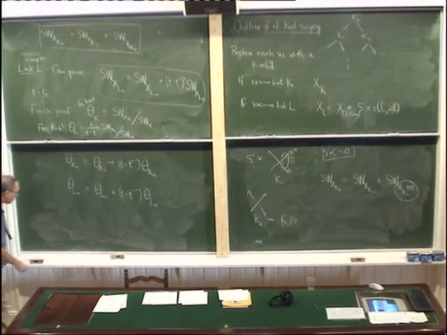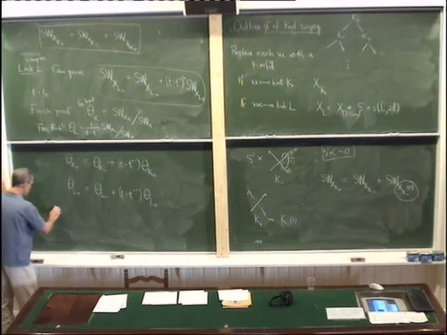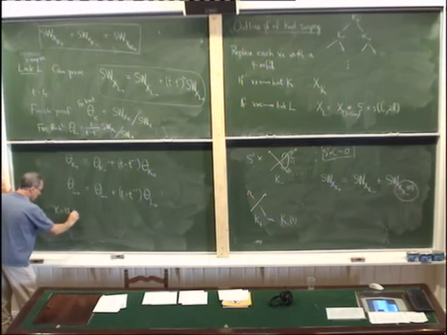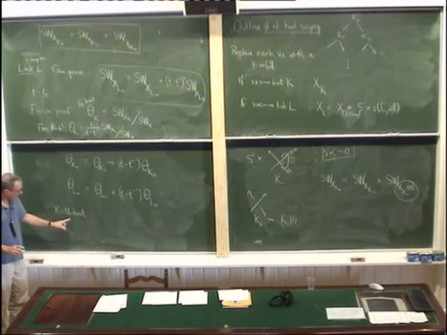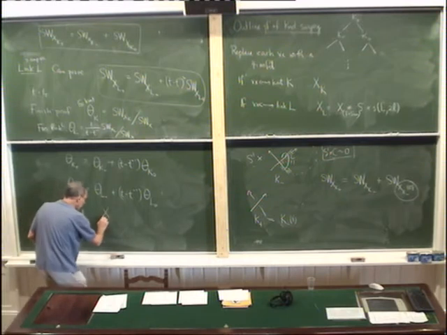And so what you want to do is check the initial conditions. Well, suppose you have K as the unknot. If K is the unknot, then what is X sub unknot?